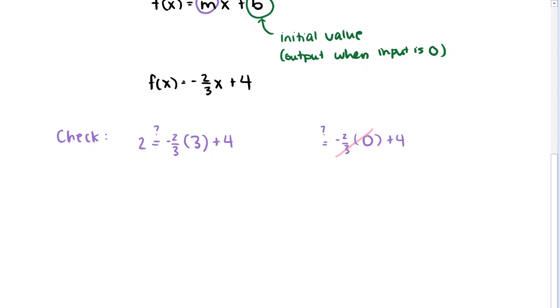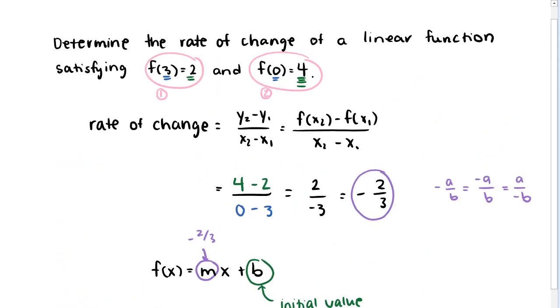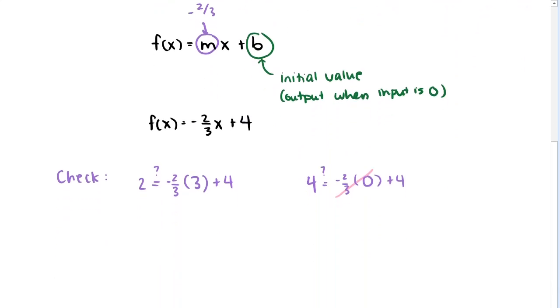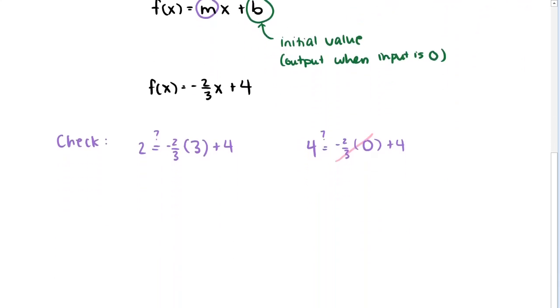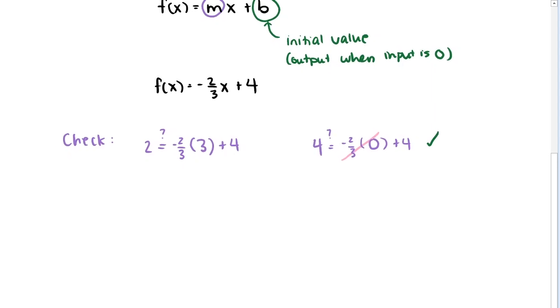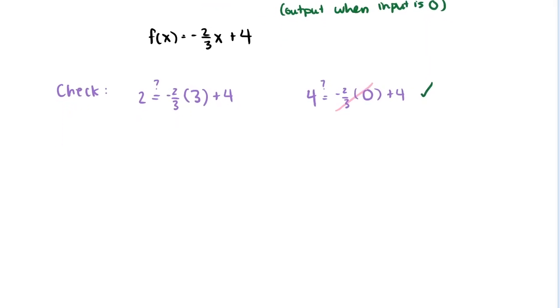Oh, sorry, this should have been 4, right? If I plug in 0 into my function, I'm expecting 4 out. I want to check that this condition is true. And we can see that the second condition is true, that when I plug in 0 for my input, multiply by negative 2/3, I'm still going to get 0, and then plus 4, I do get 4. So this point satisfies my function that I've determined. What about this first example? Well, if I plug in 3, I get negative 2 divided by 3, then multiplied by 3.